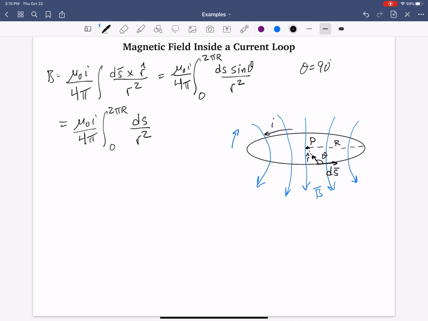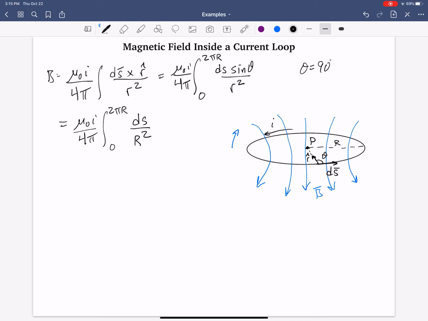What's that lowercase r? That lowercase r is always the distance from the wire segment creating the field to the point in question. So that distance is then capital R.